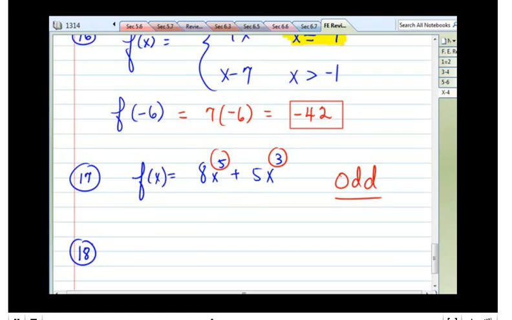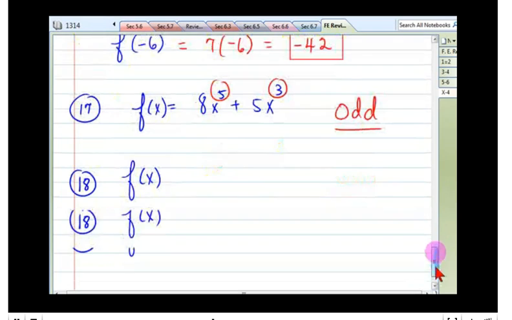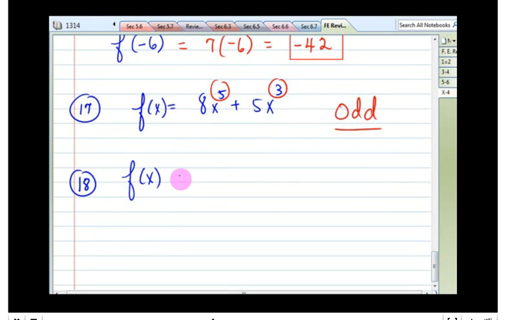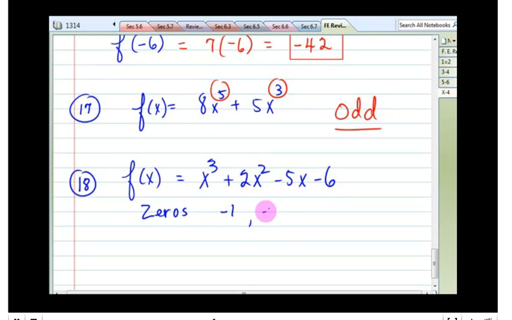All right, number 18. Use the given information and write its complete factored form. Okay. So you're given this. And zeros, which are the solutions, are -1, -3, and 2.